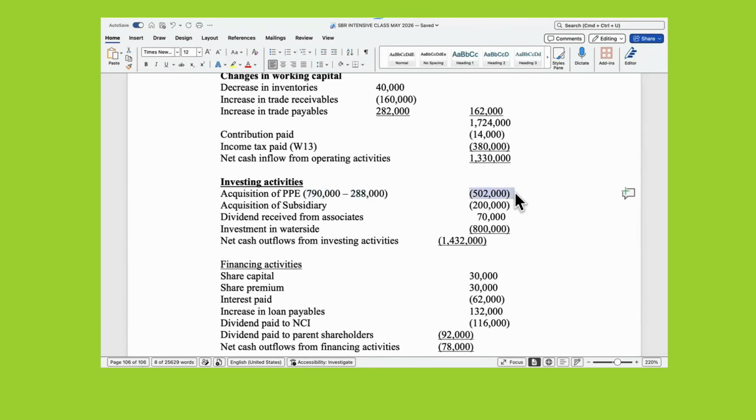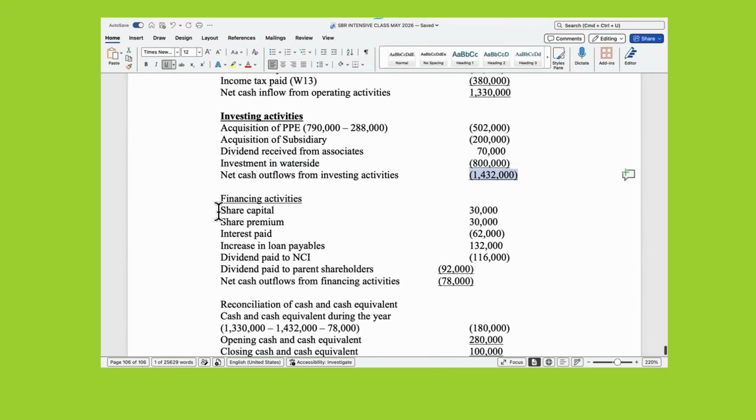So my outflow is actually 502. Then the subsidiary I bought, that Dandy, I paid 200. Then from investments in associates, we got a balance of 70 as dividend received from associates. Then the subsidiary, the one I invested in Waterside, 800 as an outflow. So I have a balance of 1432.